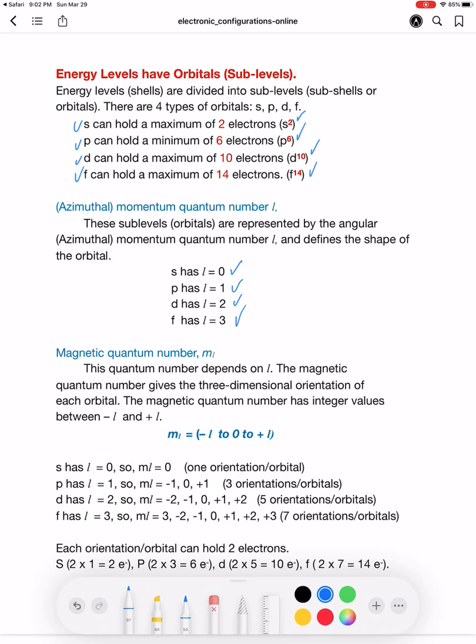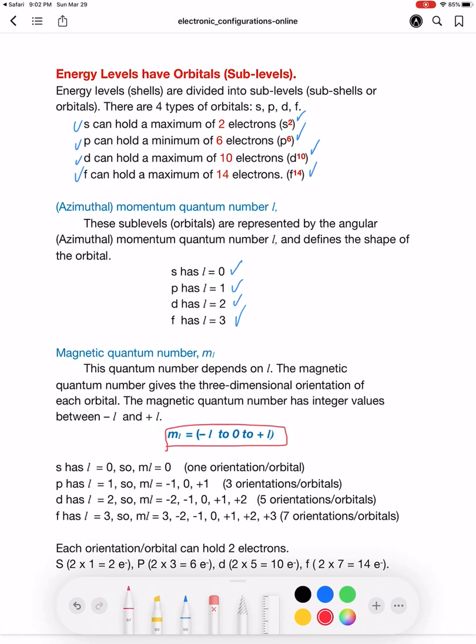Alright, and then there is the magnetic quantum number ml. This is a little bit sensitive, in the sense that ml will go from minus l to 0 to plus l.